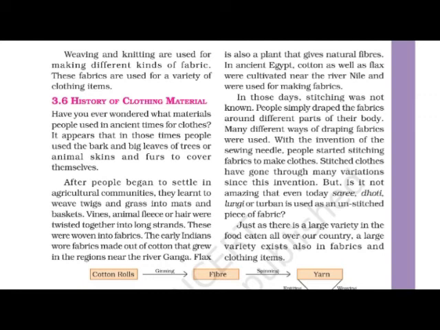Okay, just as there is a large variety in the food eaten all over our country, a large variety exists also in the fabrics and clothing items. We know that India is rich in diversity.